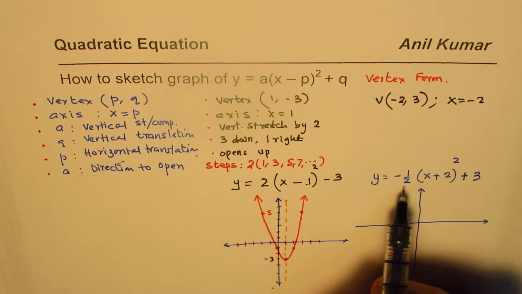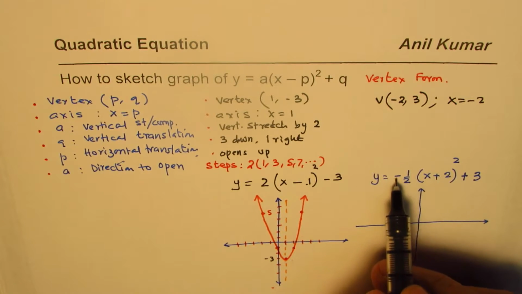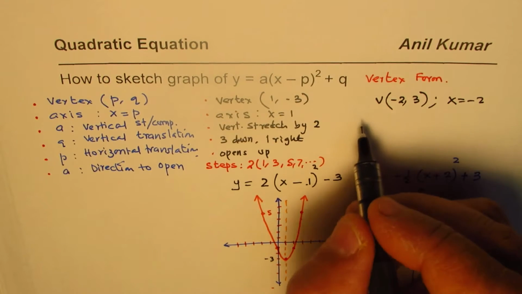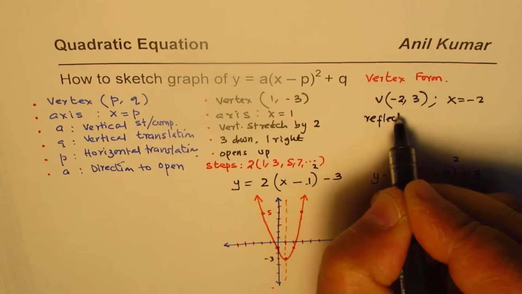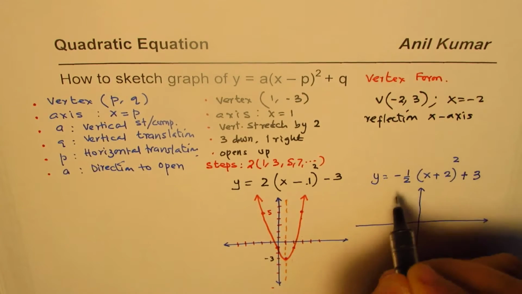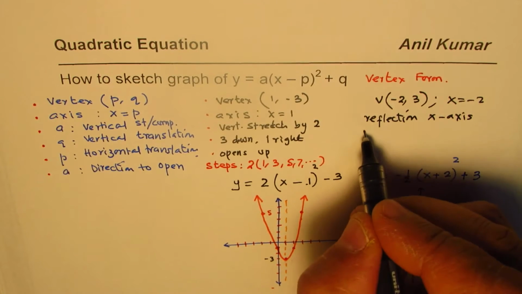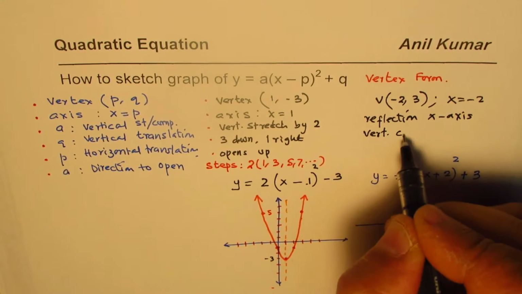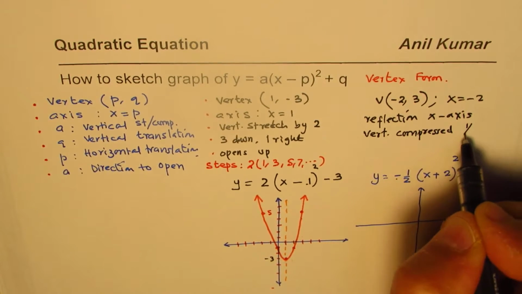Now, as far as the stretch and compressions are concerned, in this particular case, since a is minus half, minus indicates what? Minus indicates a reflection on the x-axis. That is because of this negative, okay? And half indicates vertically compressed by half.